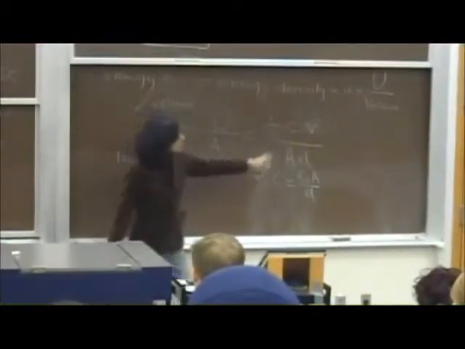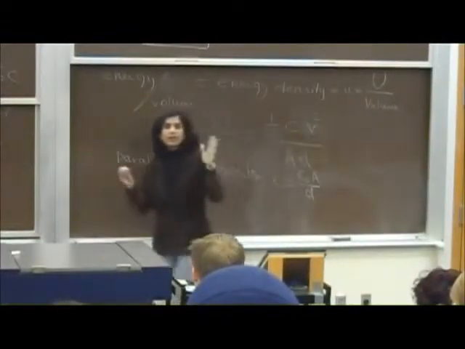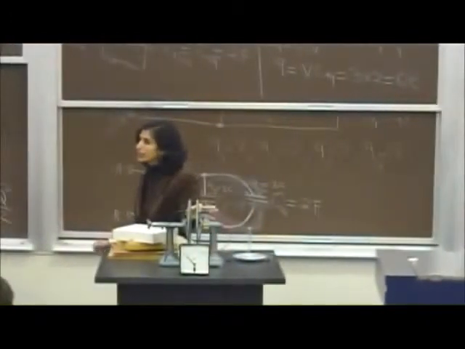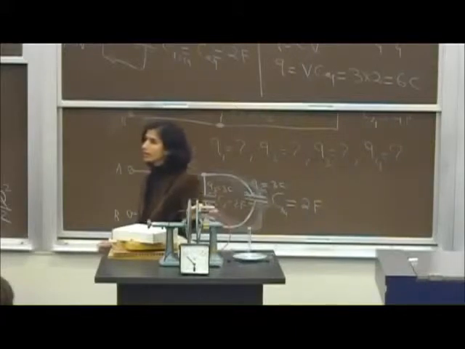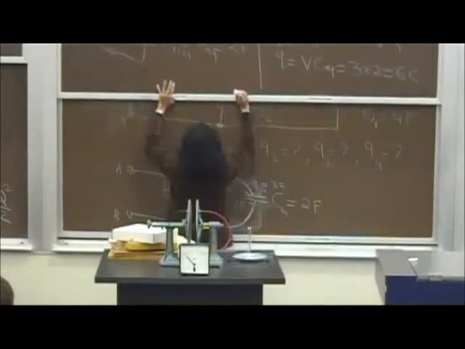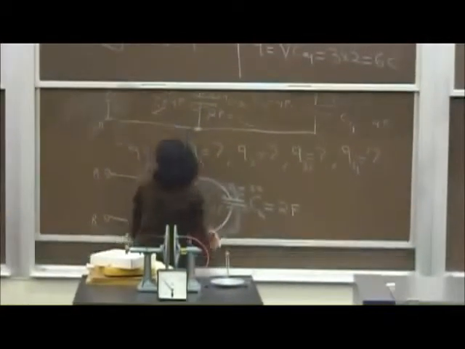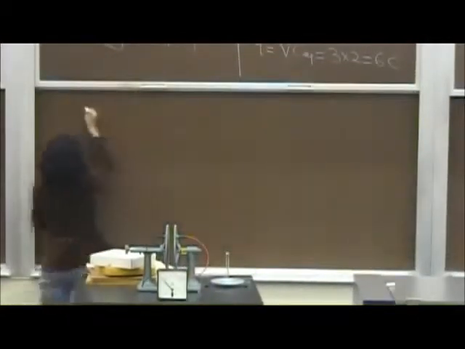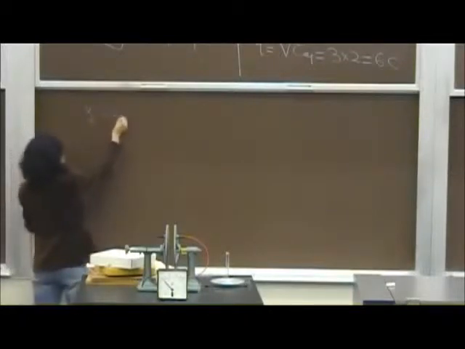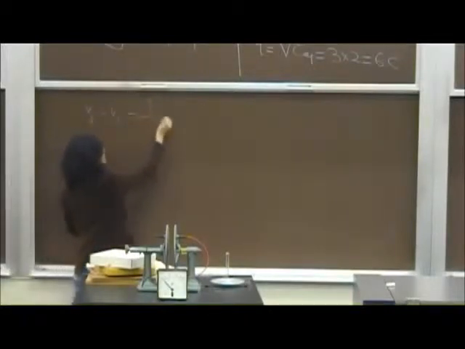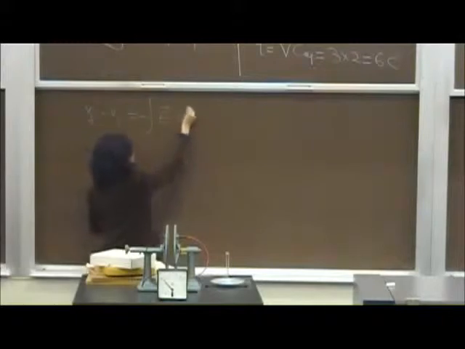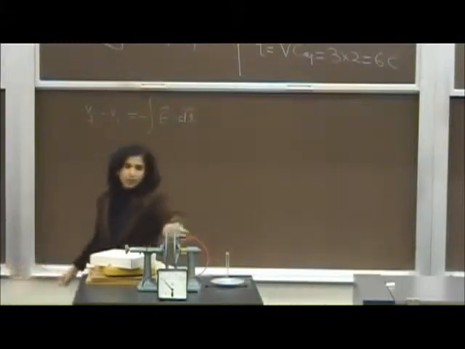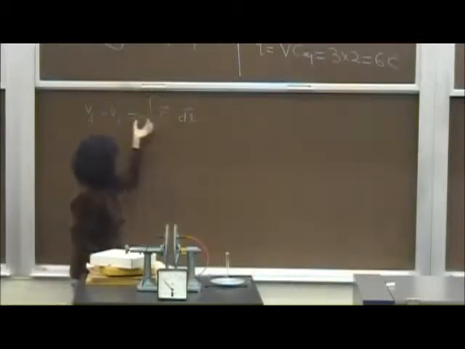All right, so what was this V in terms of electric field? Does anybody remember the relationship between electric field and potential difference? Remember, we can make use of that relation. We can say V final minus V initial is equal to minus integral E dot dl. E was constant between the two plates of a capacitor, wasn't it? If the plates were big enough, you can pull it out.